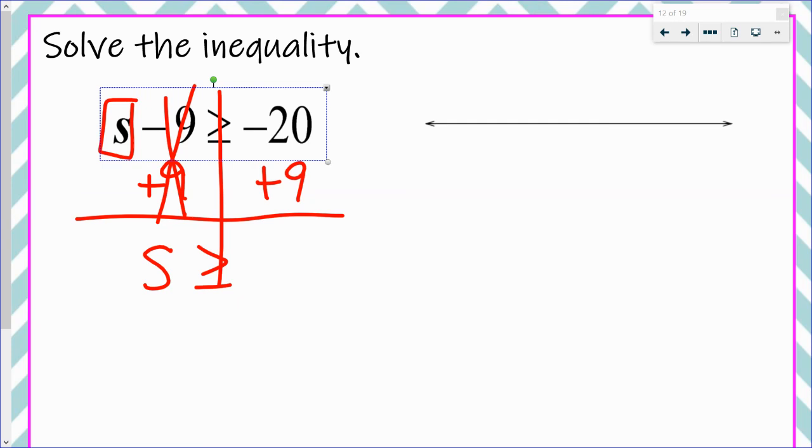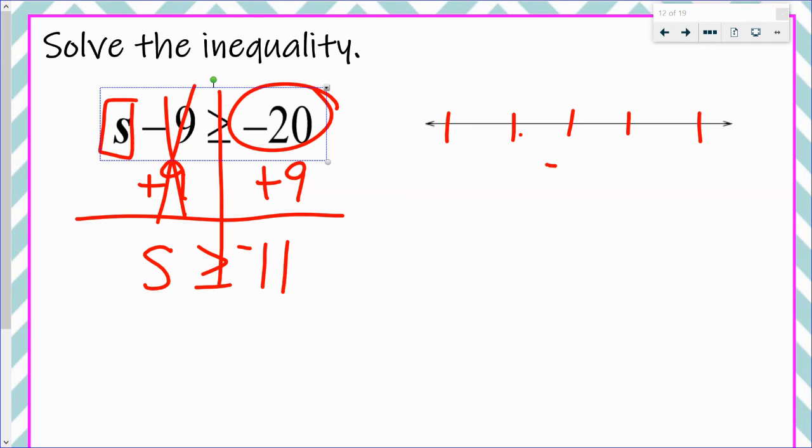Negative 20 plus 9. Same signs add and keep, different signs subtract. So different signs subtract. Keep the sign of the higher number, then you'll be exact. Okay? And then I'm done. The variable's by itself. So S is greater than or equal to negative 11.